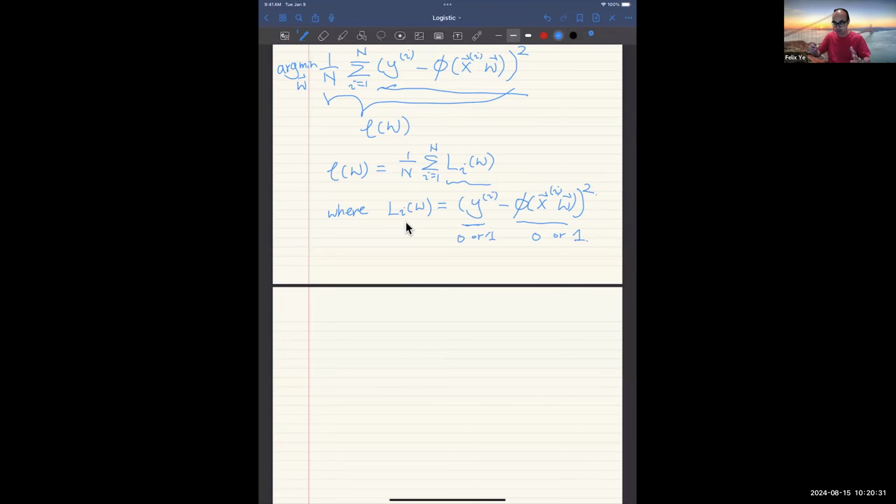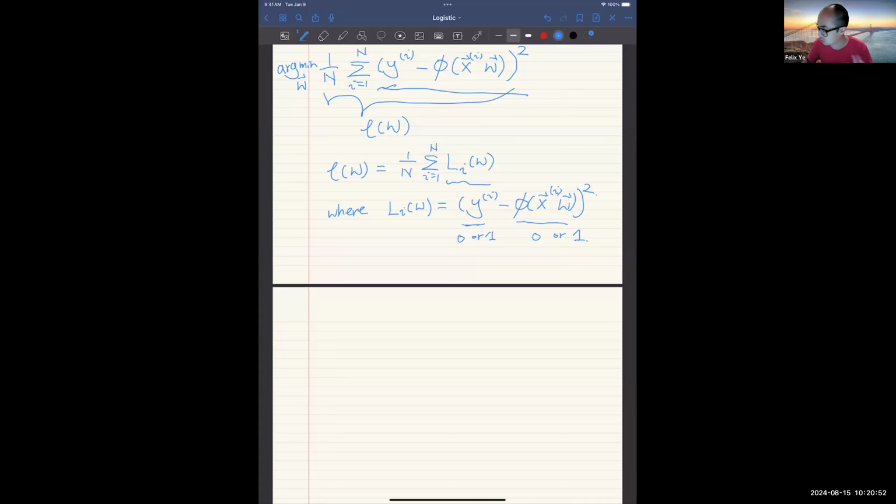That means this error is either 0 or 1. If it's 0, the prediction is accurate. If it is 1, the prediction is wrong. There are no other middle values; it's either correct or wrong. This is quite clear. It's more like accuracy.